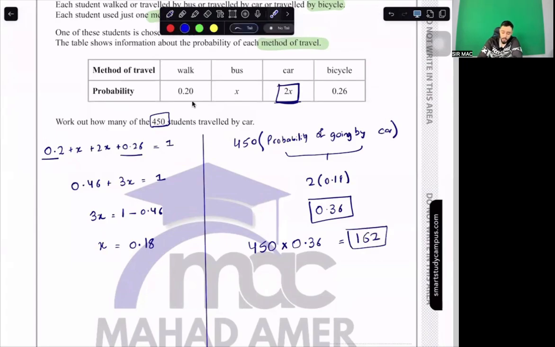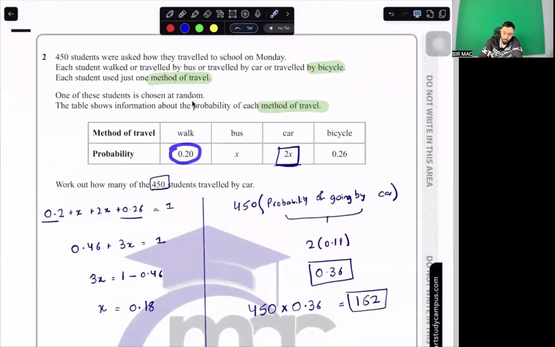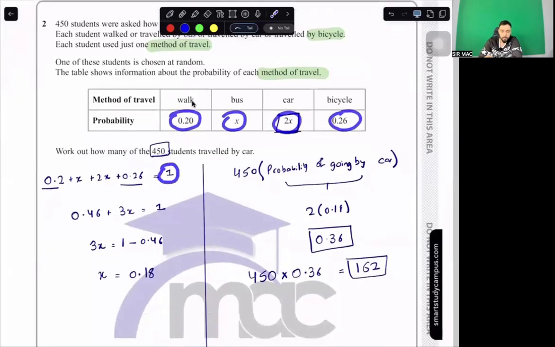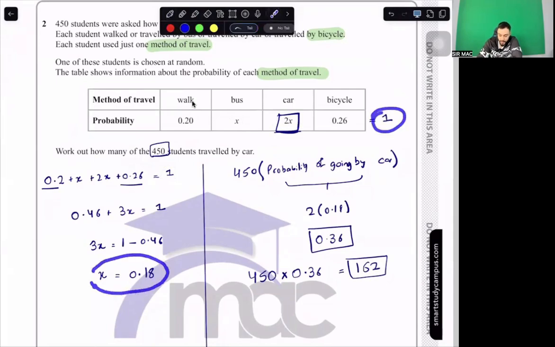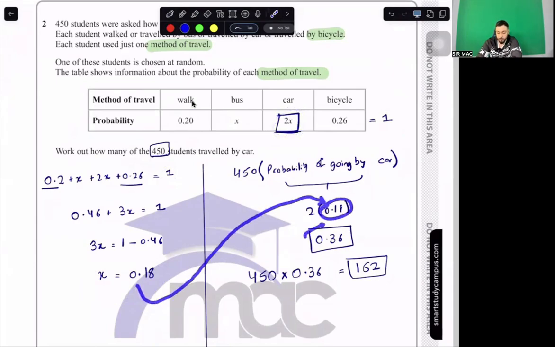The sum of all the probabilities is always equal to 1. From that, I worked out the value of x, which is basically the probability of the bus. Since the probability of going by the car is 2 times x, I plugged in 2 times the value of x, and this is what I got as the probability of going by the car.